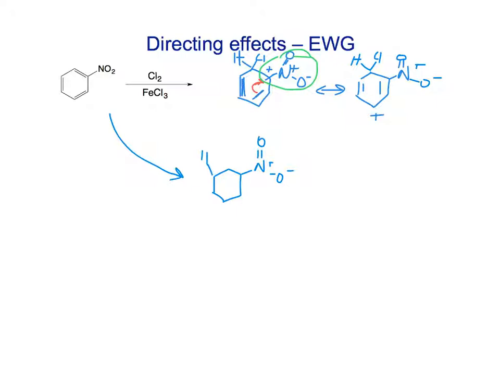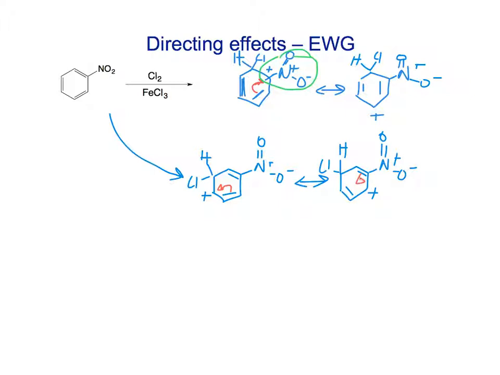So now we're going to put the H here and the chlorine there, and the plus ends up over here. Now we're going to draw the other resonances. So we move that pair of electrons over, and we get the plus right here. Like that, right? And then let's do it one more time.